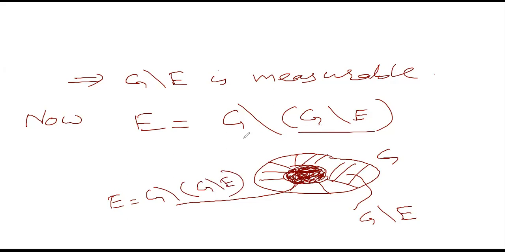Since G minus E is measurable, G is measurable, and the difference of two measurable sets is measurable, E is measurable. So that proves this theorem completely.